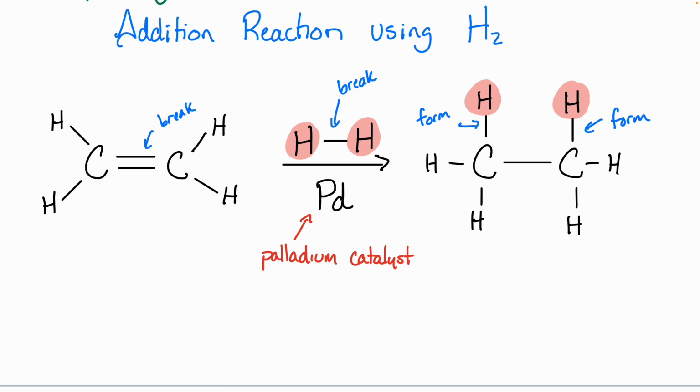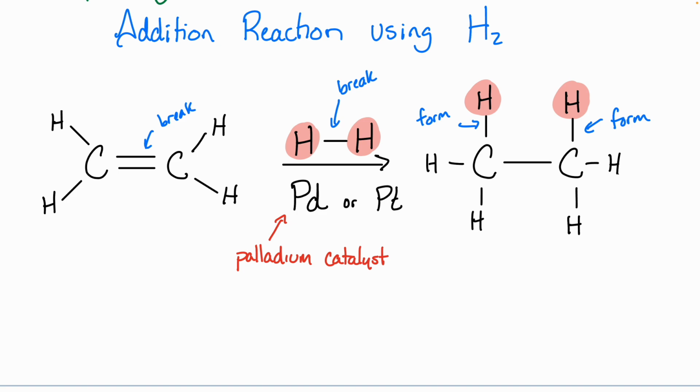Who knows, all right? Palladium tends to be the go-to because the other one that does work, platinum, is much more expensive, but you could also use platinum. I think there's a third one, but I don't remember it off the top of my head.